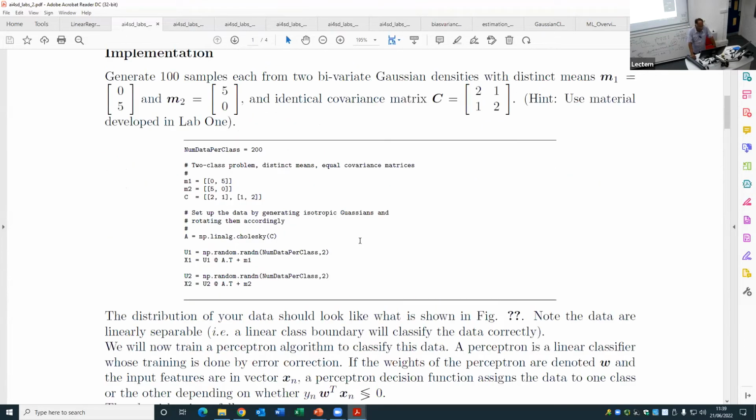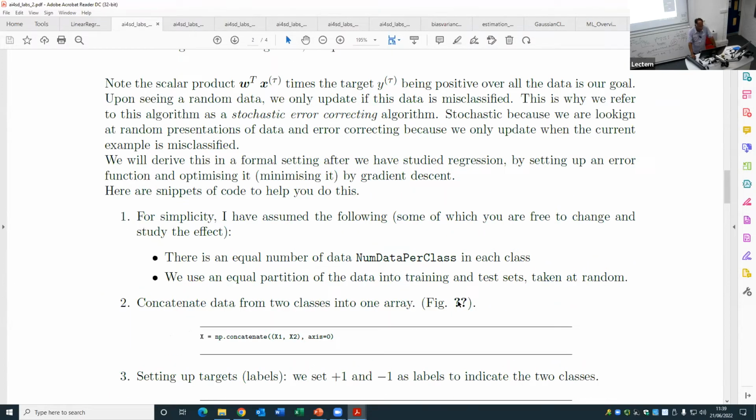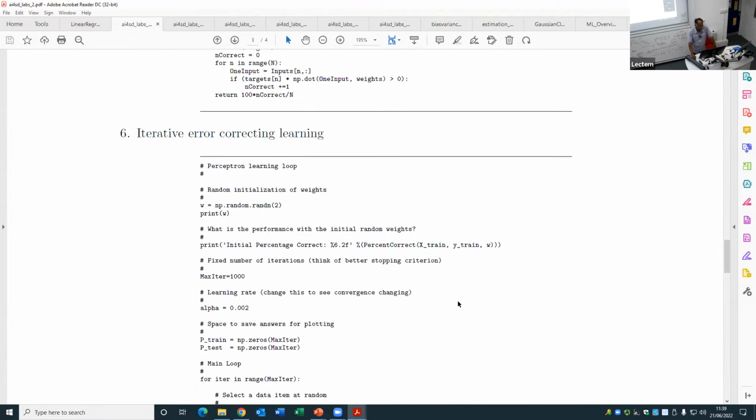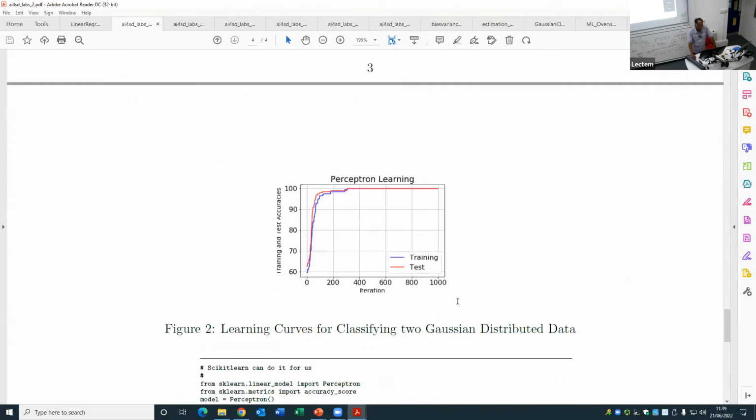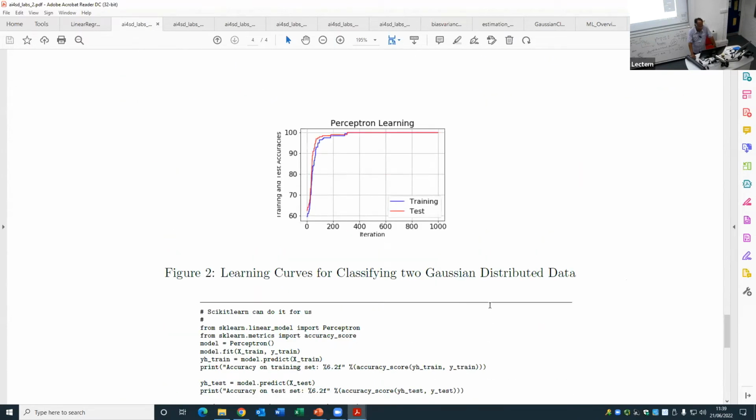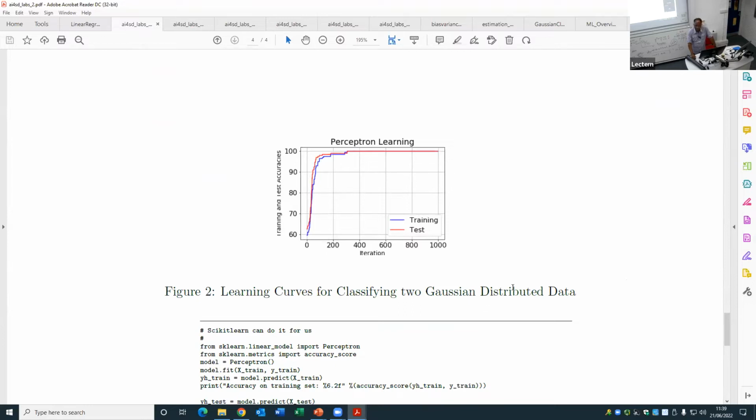One more thing, if you go into this one, a point that needs to be made is it's a sequential algorithm looking at things one by one. And if you run through that, you will find that I'm also constantly partitioning the data that I have into a training set and a test set.